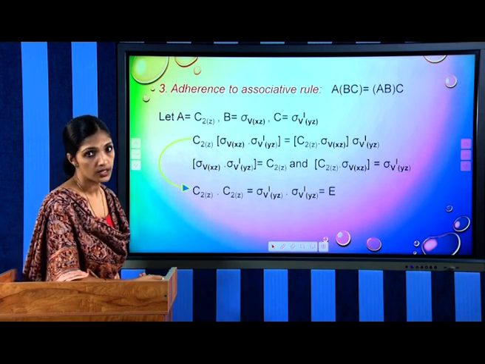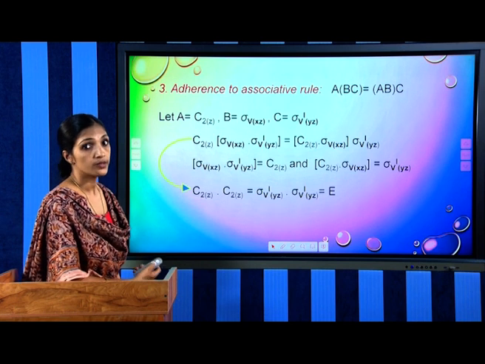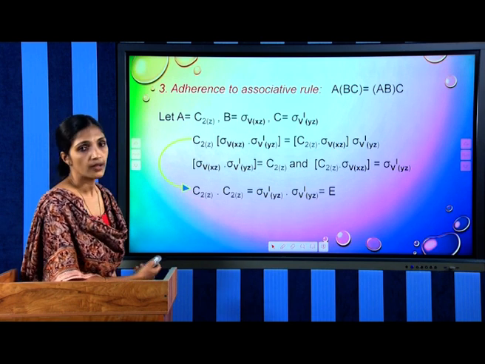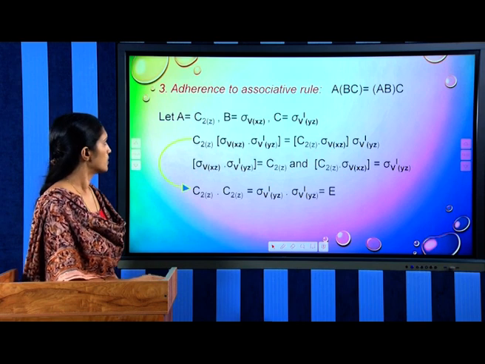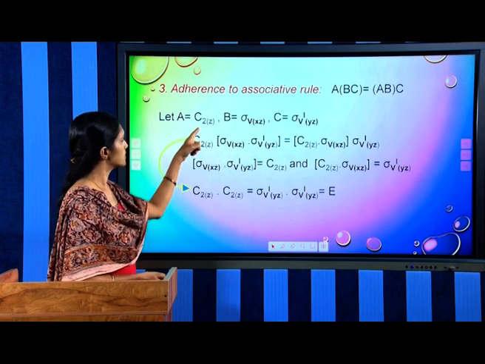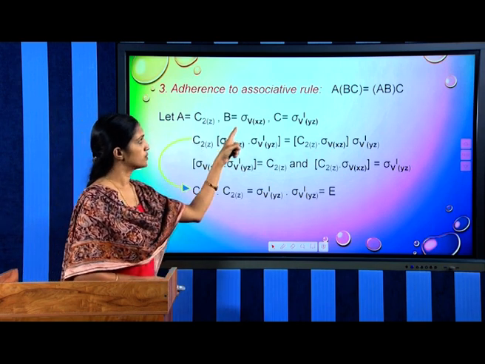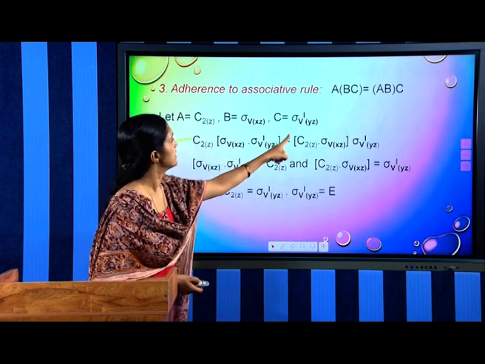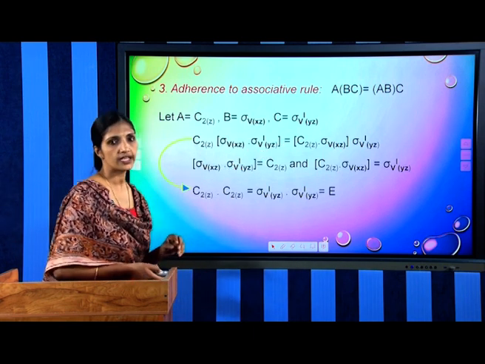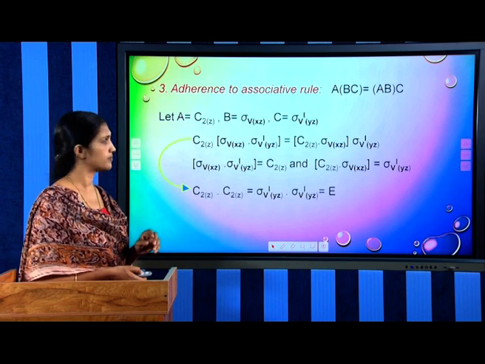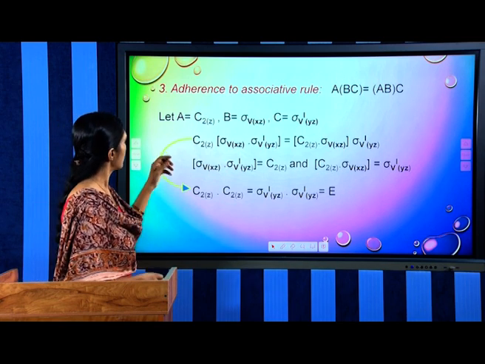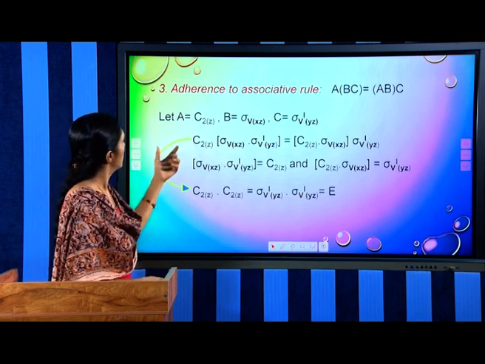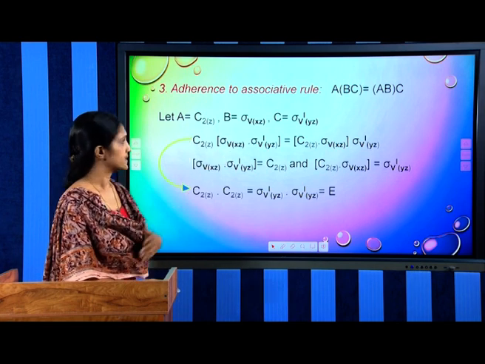The third one is adherence to the associative rule. What is the associative rule? A into BC will be equal to AB into C. So, let A be equal to C2z and B be equal to sigma v x z and C equal to sigma v dash y z, which is the molecular plane. Now, we have to perform what? A into BC.